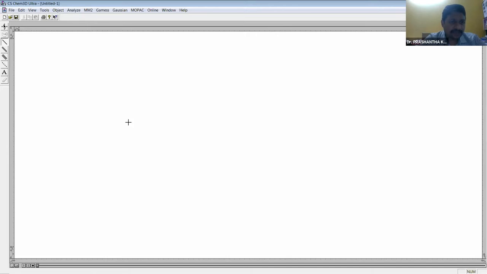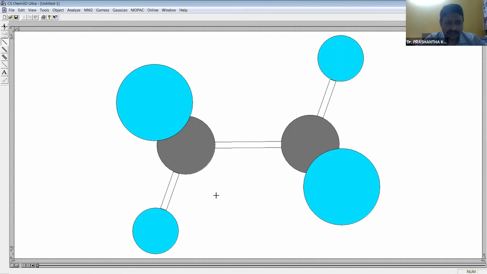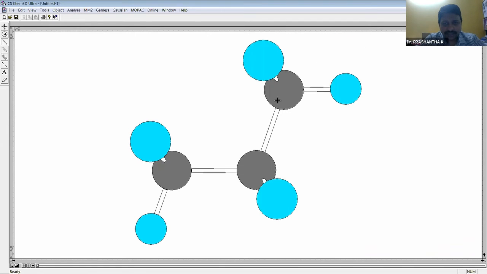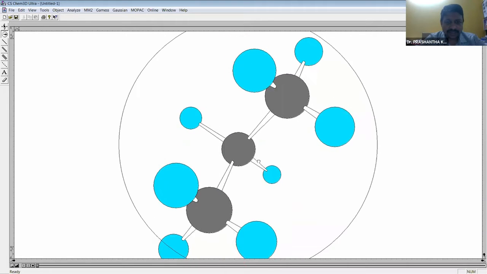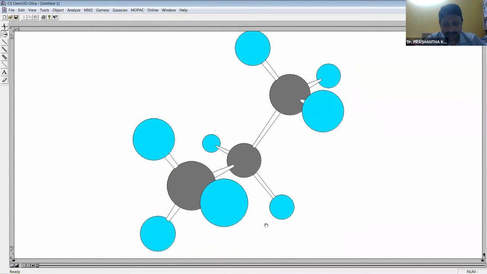Maybe we can also write the structure here. I'm just doing something random. Let us assume the structure is like this, and the bond lengths and bond angles are appropriate.